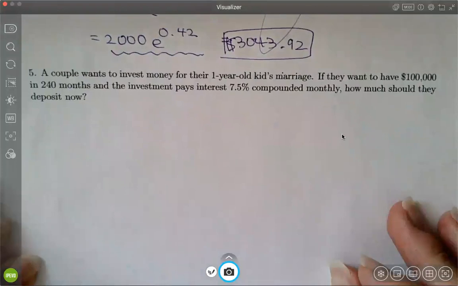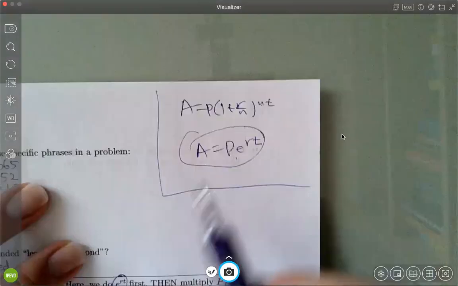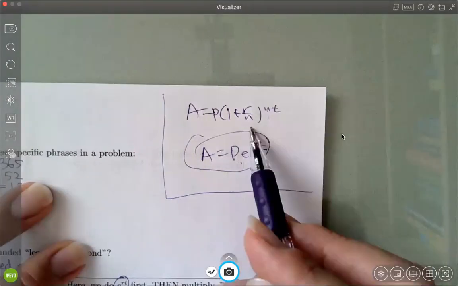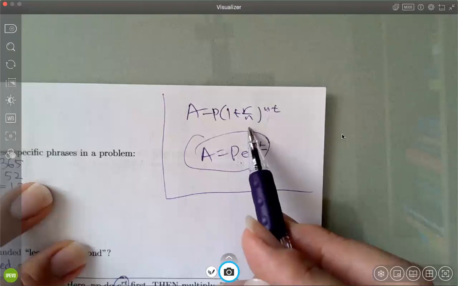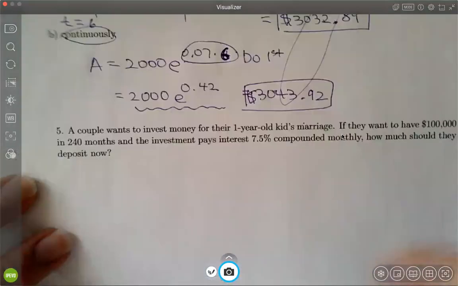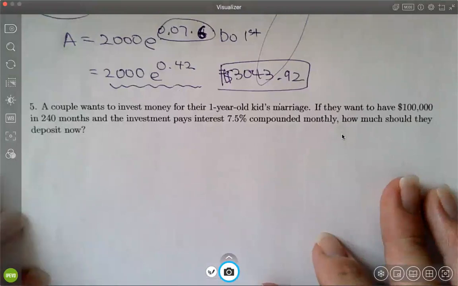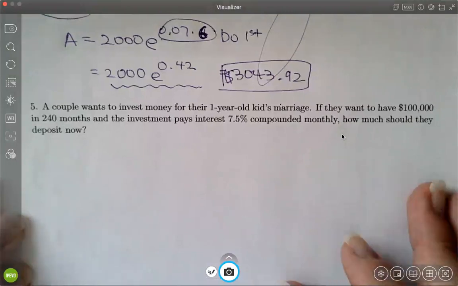Okay, so now, first of all, do we use that simple formula or the complicated formula here? This top one, right? Okay, not the PERT, right? Now here, do we know the value of A? The future amount. And this time we do, right?